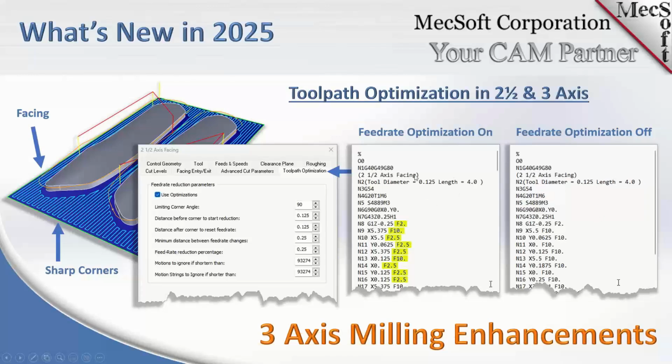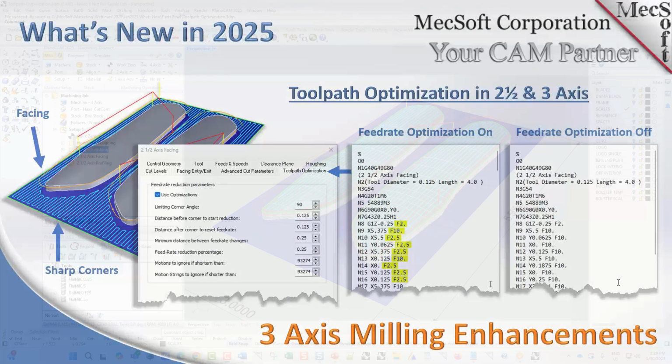And then the G code in the middle is with the feed rate optimization applied. You see you have your initial feed rate of 10, and then when it approaches each corner, it drops down to 2.5 or 25%. So that'll do that through the entire toolpath and make those adjustments. And I did want to mention also, one of the main reasons to use this is to alleviate some of the stress on your CNC machine.